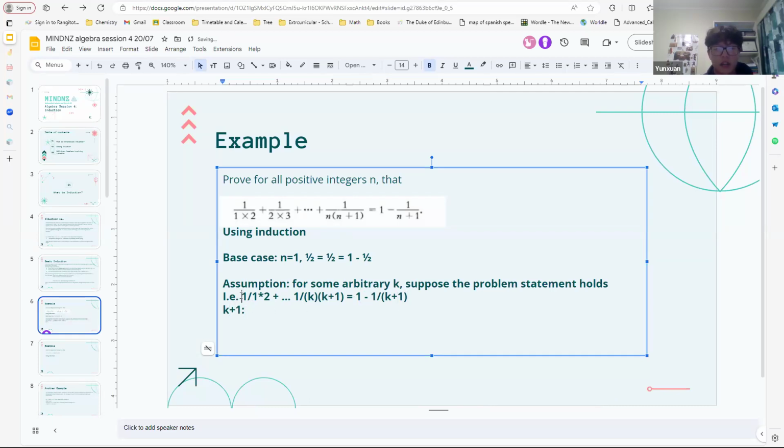So how do we get from this to k plus 1? Well, first we look at the k plus 1 statement. The k plus 1 statement would be the same thing as this, but then we have to add 1 over k plus 1 times k plus 2 on both sides, right?